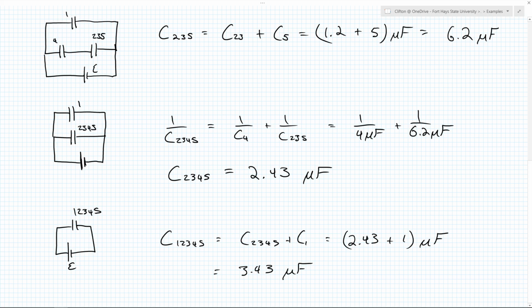So I get that the effective capacitance is 3.43 microfarad. So that's the answer to part 1.